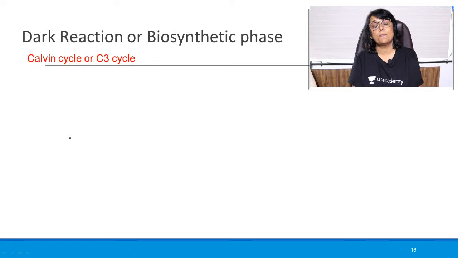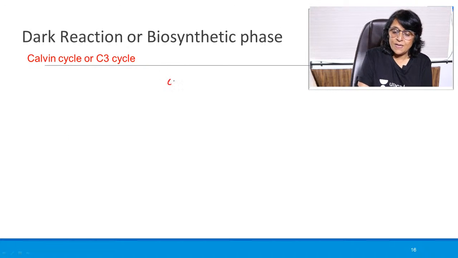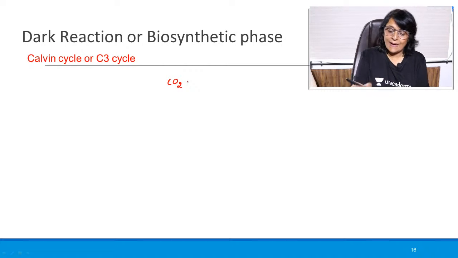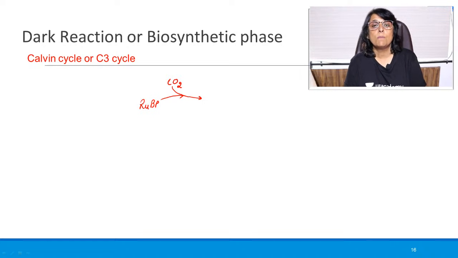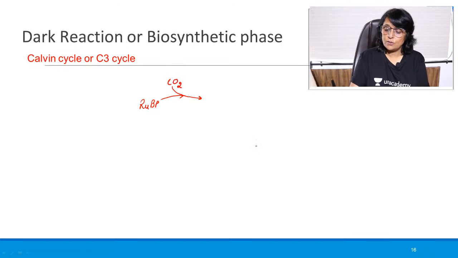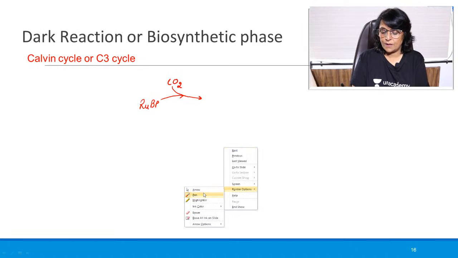Remember, the first step is carboxylation. So carbon dioxide is to be accepted or added. So carbon dioxide is accepted by RUBP, ribulose biphosphate. This is carboxylation. But for this reaction to take place, an enzyme is required.